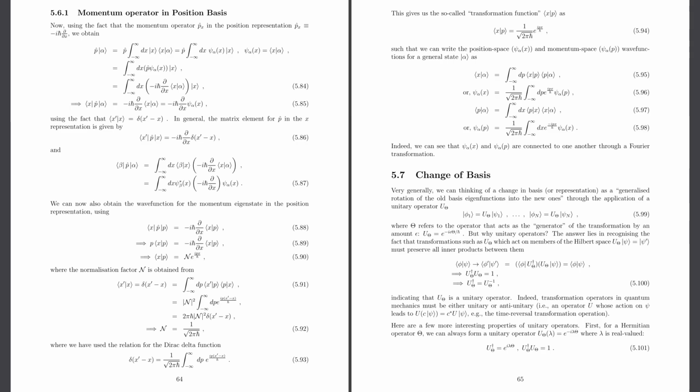Okay. But you can see that the momentum operator acting on this wave function psi alpha essentially means you're going to be doing this. This differential operator with the minus i h bar is going to be acting on that, the probability amplitude, okay, of bra x alpha. Okay.